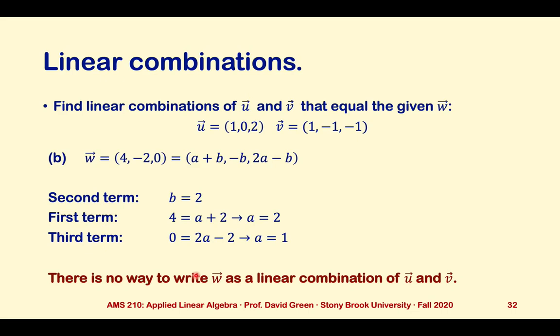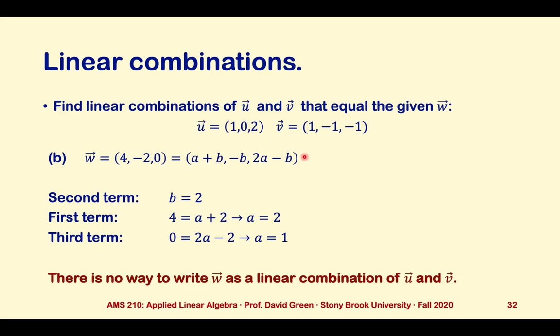And here we're going to run into something a little bit different, a little bit of a problem. We start the same way. We take a look at the second term of W. It's -2. Therefore, B has to be 2. If B is 2 and A plus B is 4, then A has to be 2. But in this case, if we look at the third term, 2A minus B has to be 0.